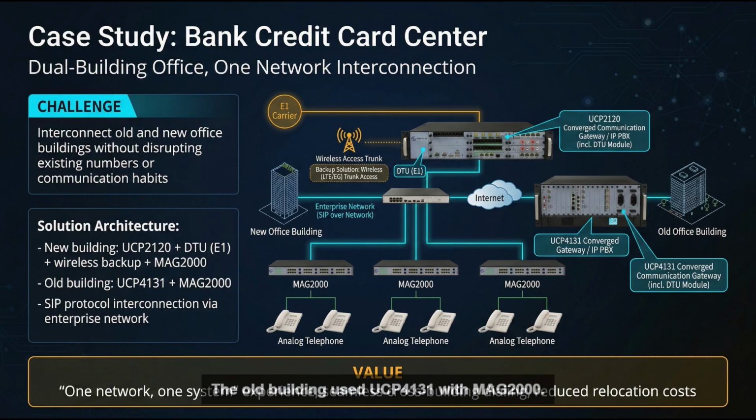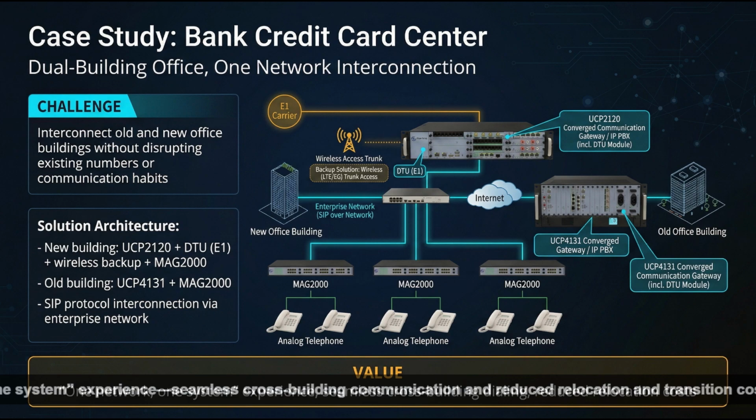The old building used UCP431 with MAG 2000. The two sites were interconnected using SIP protocol over the enterprise network, so dialing and call handling feel like one system rather than 2 islands. The value is a one network, one system experience. Seamless cross-building communication and reduced relocation and transition cost.